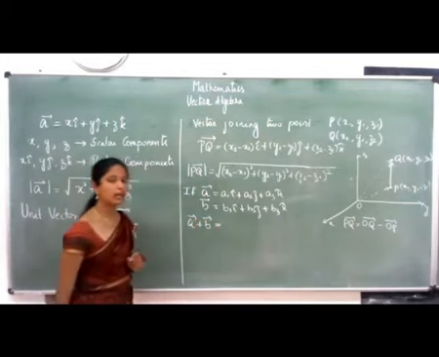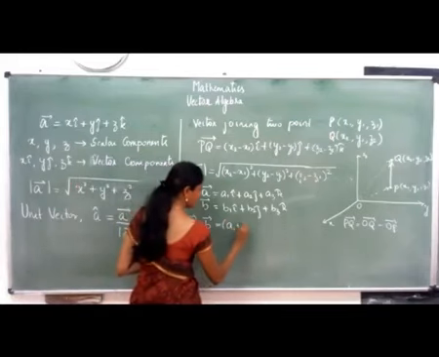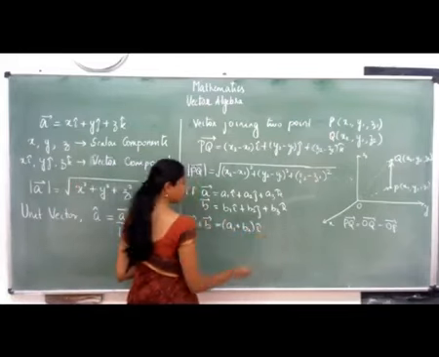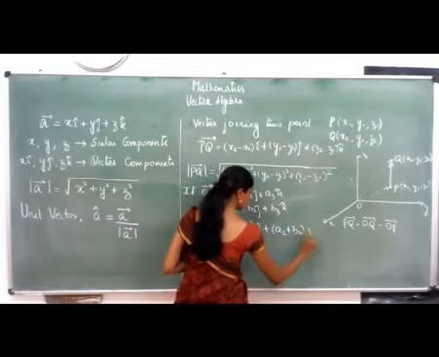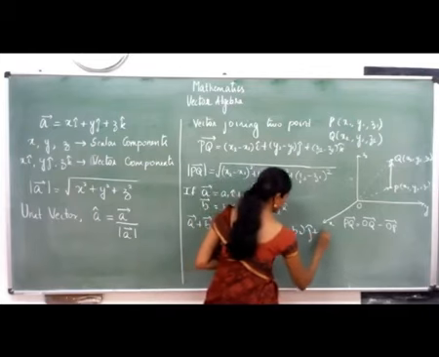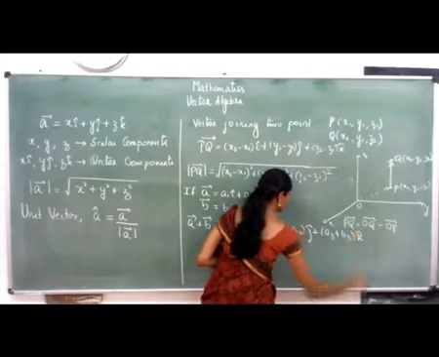Vector A plus vector B will be equal to A1 plus B1 into i cap plus A2 plus B2 into j cap plus A3 plus B3 into k cap.